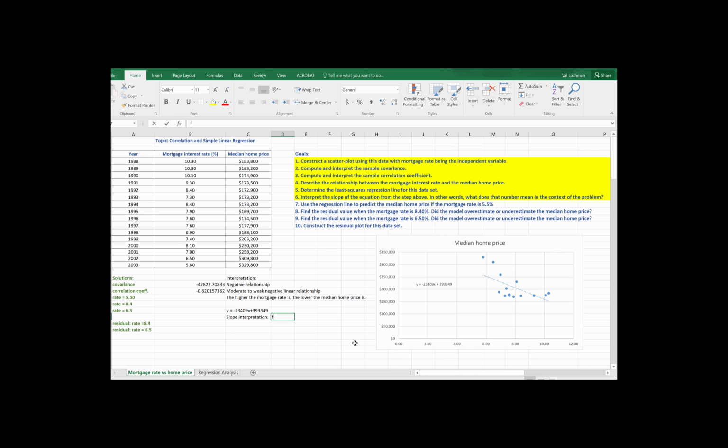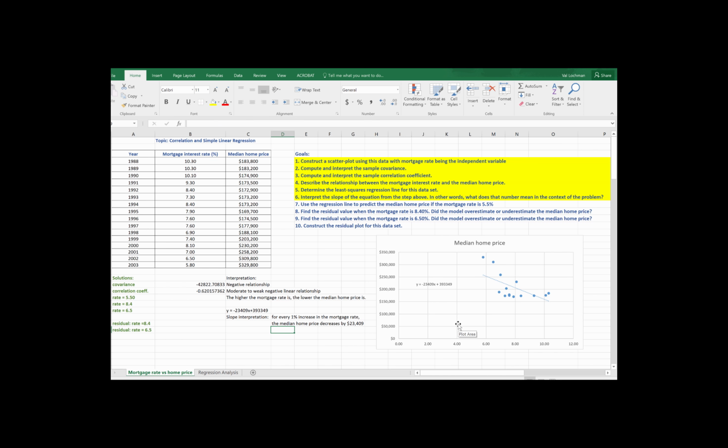So in other words, we say for every 1% increase in the mortgage rate, what do we have here? The median home price decreases, right? Because of the negative. Decreases by how much? Well, by this number, $23,409. That is your interpretation.